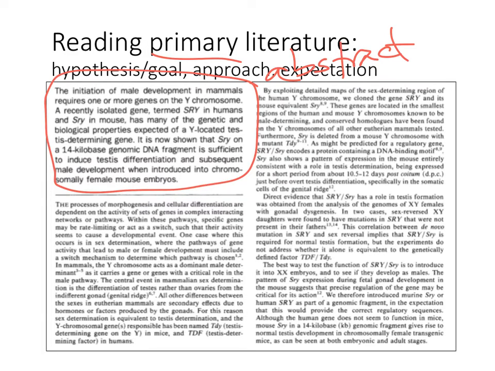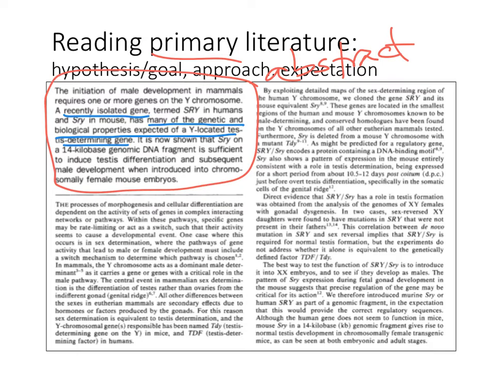Now, sometimes it's difficult. In this case, the hypothesis or goal was: this recently isolated gene has many of the genetic and biological properties expected of a sex-determining gene. So we read into that, well, expected, which means that no one's shown that yet. So that's going to be the goal of this paper, to address that point.